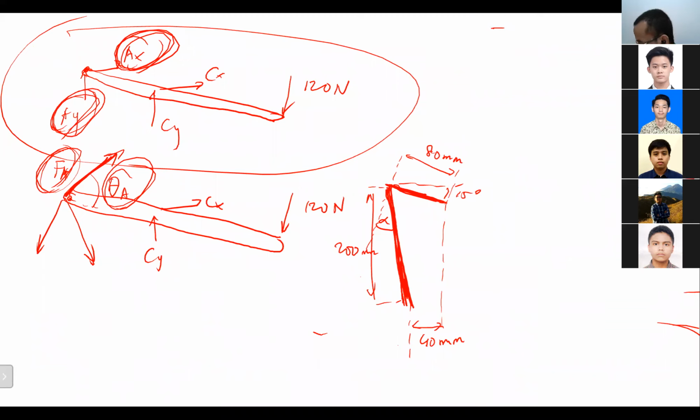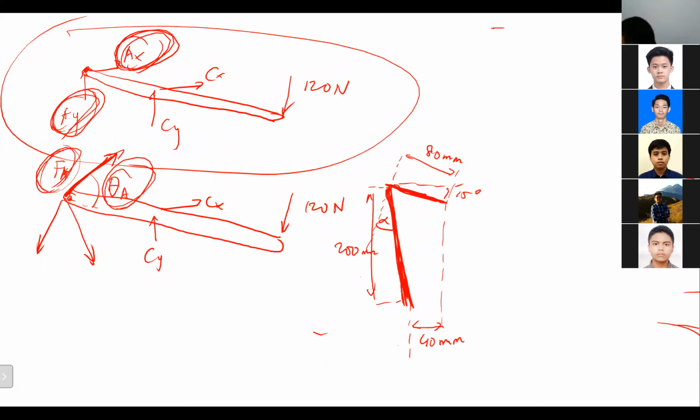Is it cos 15, sir, times 80 minus 40 over 200? Cos 15 times 80.